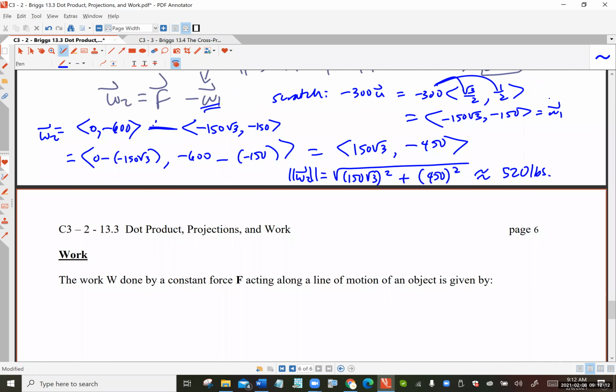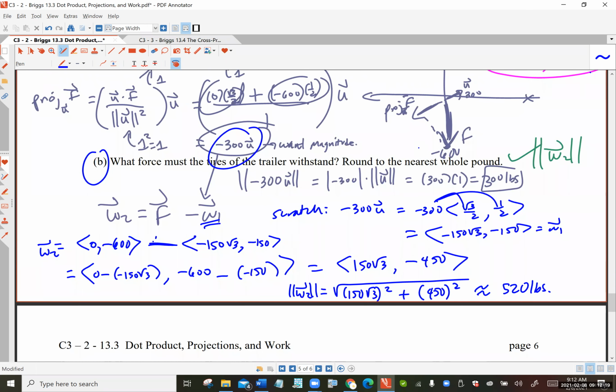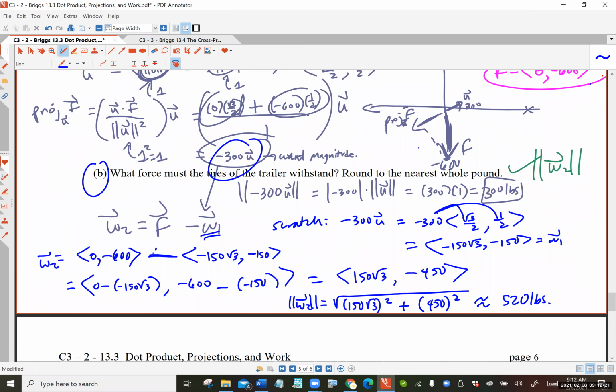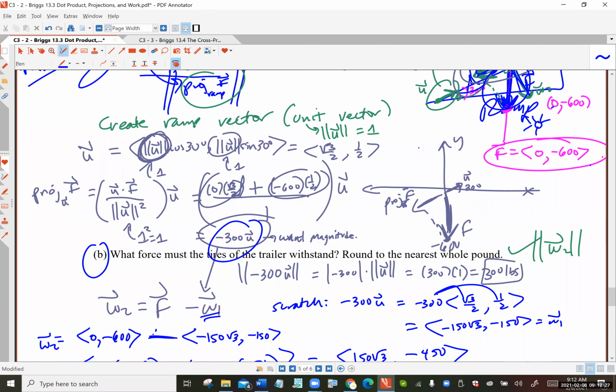Okay? Yeah. What does that say up there? Negative 300. I don't know where you're pointing. I think that says scratch. Yeah, when I do a little side note in the margin, scratch work, sometimes I'll just say scratch.